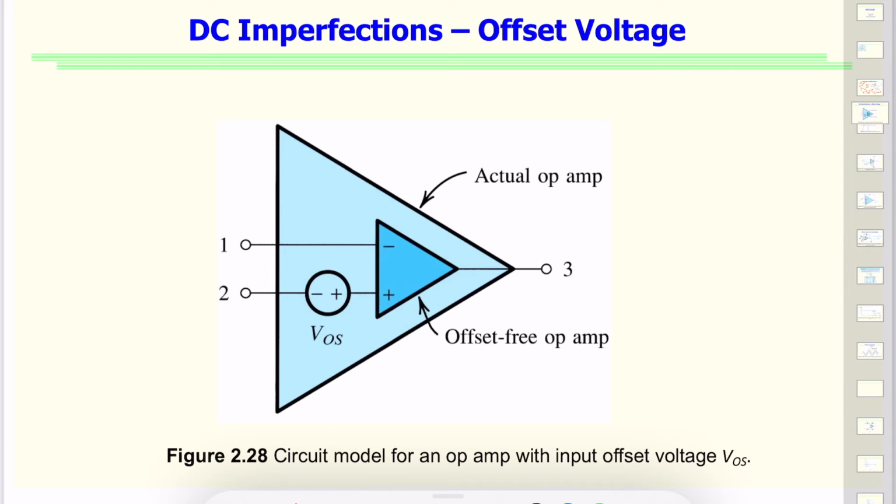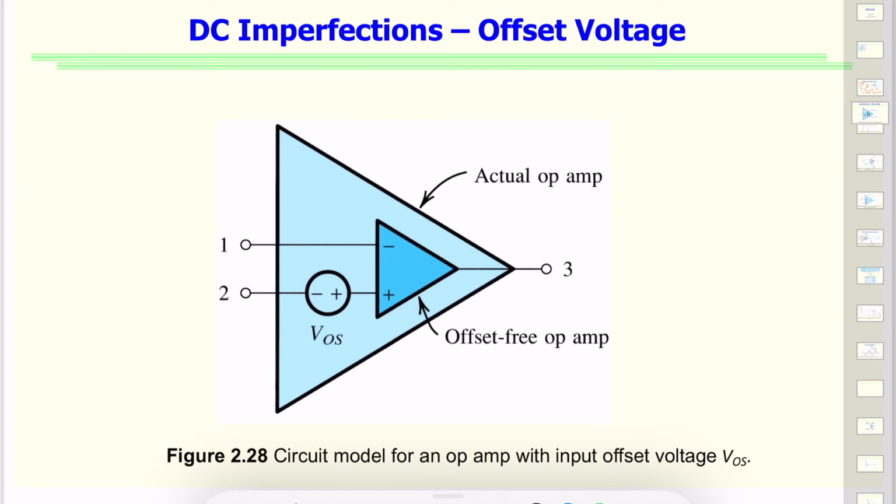We can bring the output back to the ideal value of zero by connecting a DC voltage source of known polarity. In this case, we are showing a VOS inside an op-amp. This VOS is adjusted to be of equal magnitude and opposite polarity to the voltage that we need to offset.